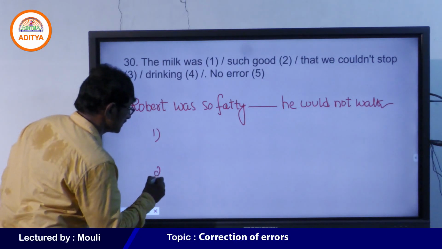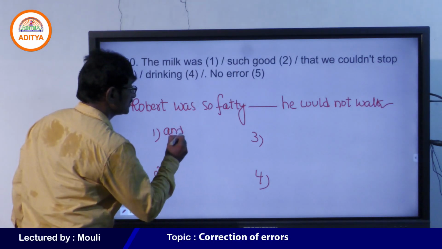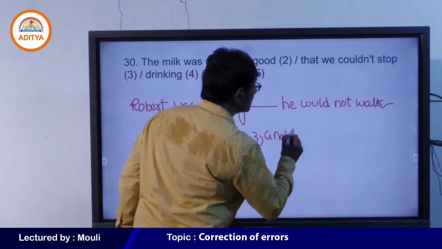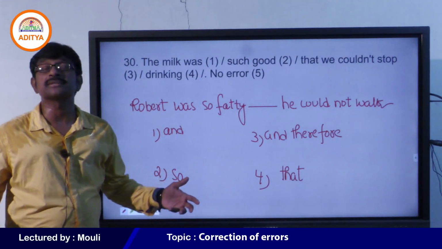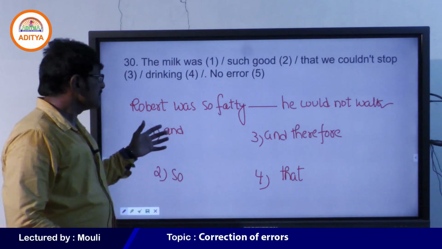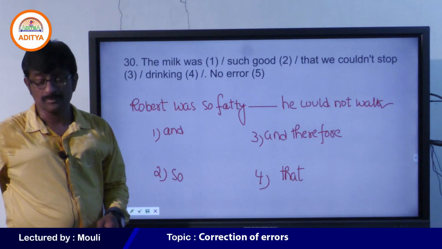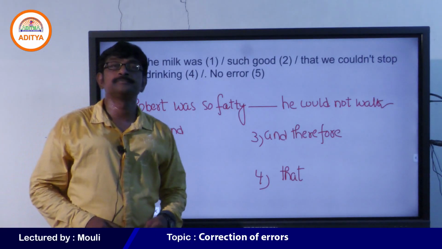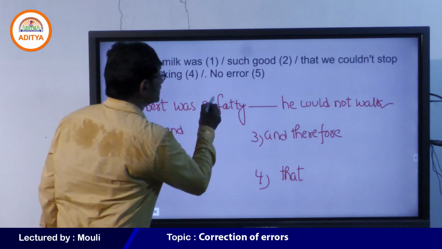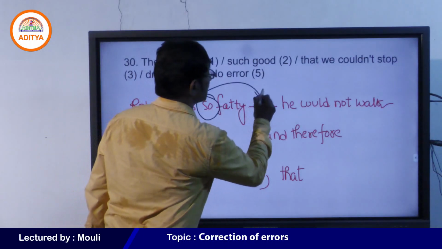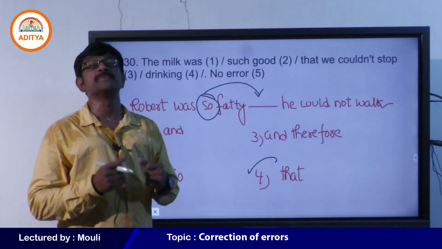Now let us see 1, 2, 3, 4: and so, and therefore. What's your answer? Robert was so fatty dash he could not walk. Now you see, whenever you find so here, students, so always agrees with that. So it becomes so that.